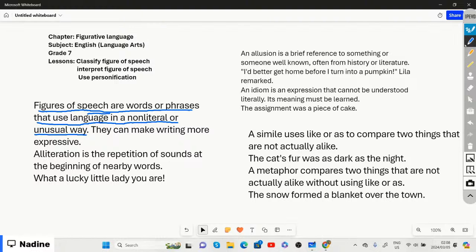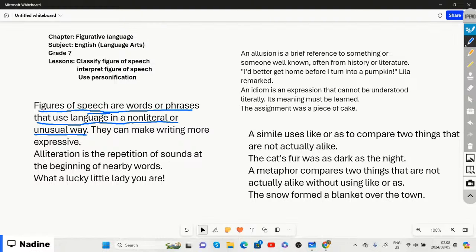Whereas literal is an actual literal action that I'm telling you about. So that is figures of speech. And we said figures of speech, once again, are words or phrases that use language in a non-literal or unusual way, and it is being used to express oneself.